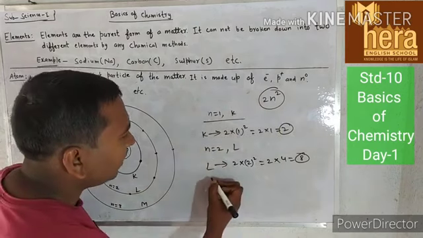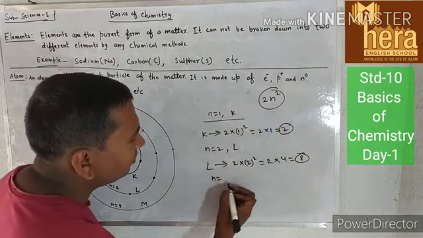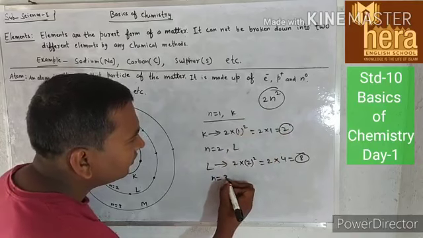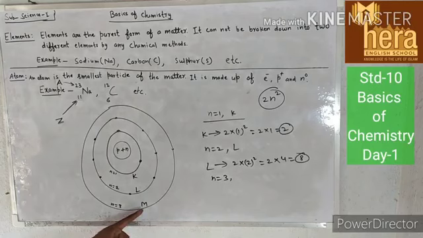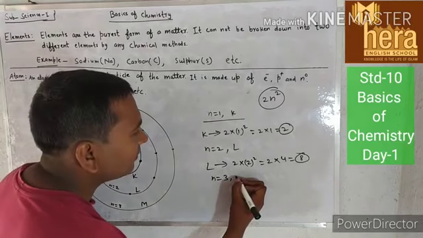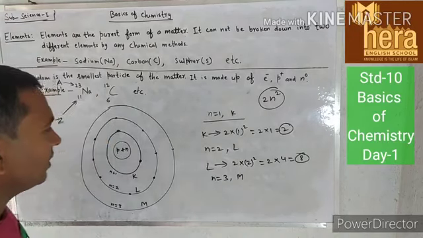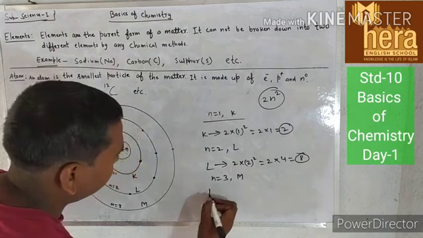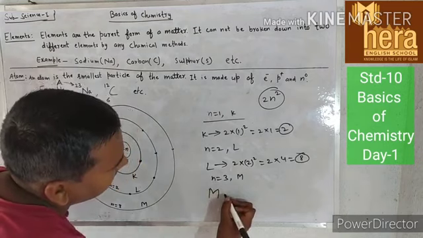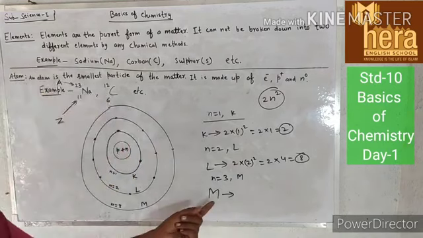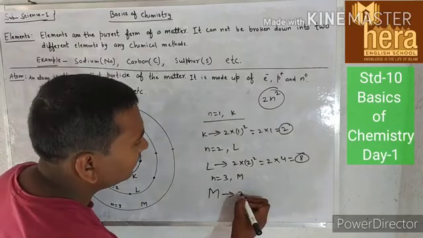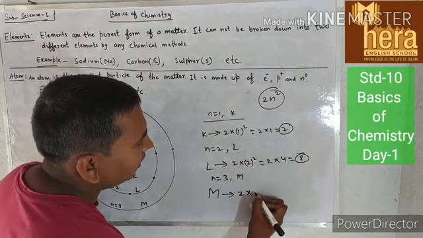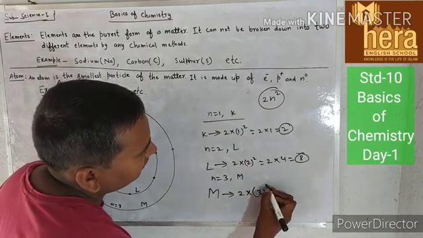Similarly, if you put n equal to 3, we are talking about the M shell. The maximum capacity of the M shell is 2 into 3 square.